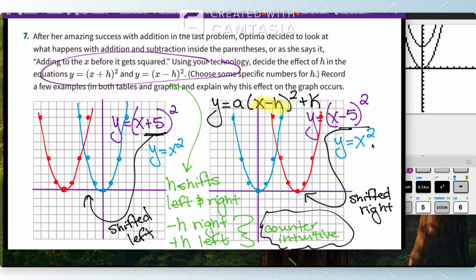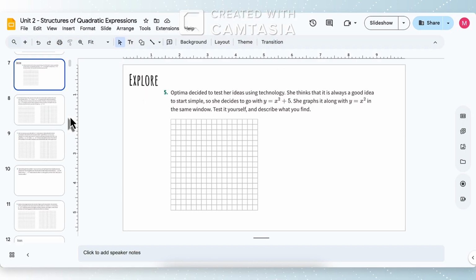If I did x minus a negative 5, that's really my h shift, so my h is actually negative 5. And in this case, I've got x minus a positive 5, and the positive 5 is really that h shift. So thinking about the fact that adding a positive is really subtracting, and subtracting a negative really turns into adding, will maybe help you recognize that those h shifts are counterintuitive. They're the opposite of what you might think.